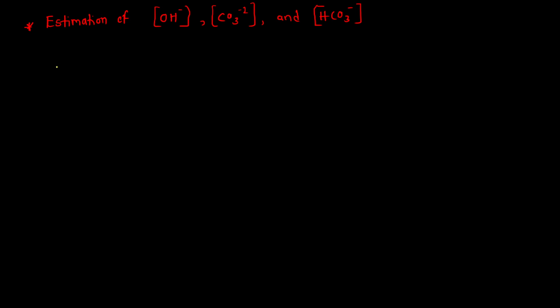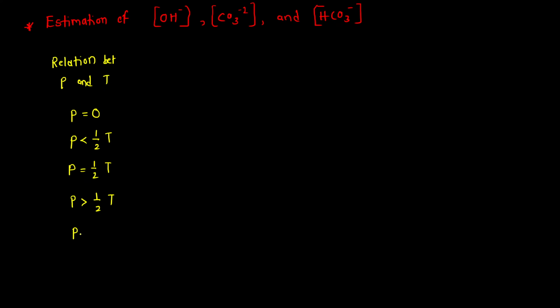So the first thing is the relation between P and T. The first is when P is equal to 0, then second, P is less than half of T, then P is equal to half of T, P is greater than half of T, and P is equal to T. Now what are P and T?